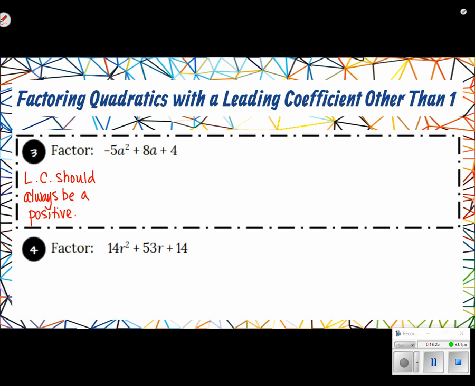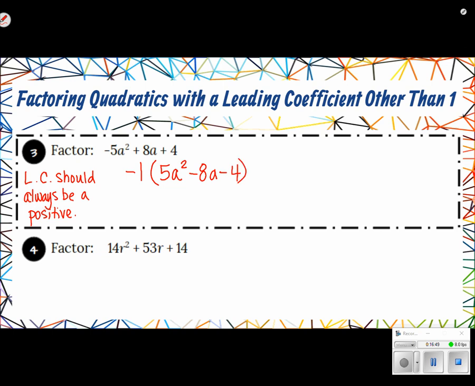So let's do that. We're going to factor out a greatest common factor of -1. So everybody gets divided by -1, making that 5a squared minus 8a minus 4.